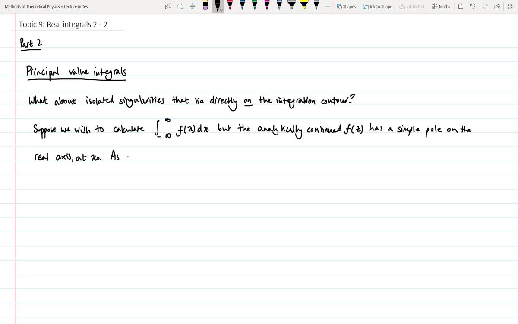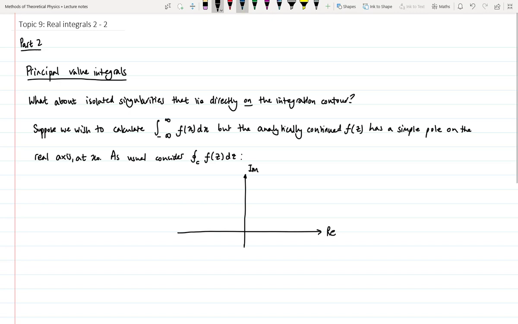Okay, well, as usual, we're going to think about a contour integral. So consider the integral around a closed contour C of our analytically continued complex function f of z. I'm going to draw a picture of the setup and we'll figure out what the contour C is going to look like. We have real, imaginary. We have a simple pole here at x0.